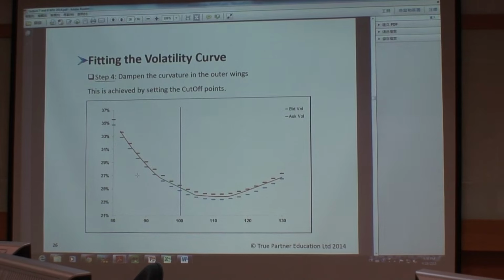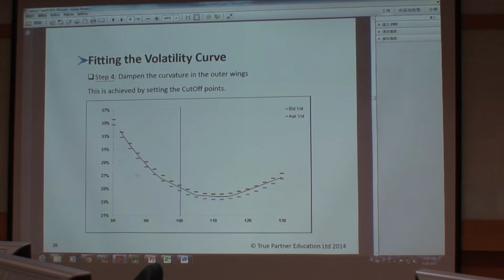So what you now see, I had to give 8 inputs: the at the money volatility, the degree of slope, the curvature to my upside, the curvature to my downside, the cutoff point where I go straight on the upside, the cutoff point on the downside. So apologies, 6 parameters. So I type in 6 parameters, I can cover the entire volatility curve.